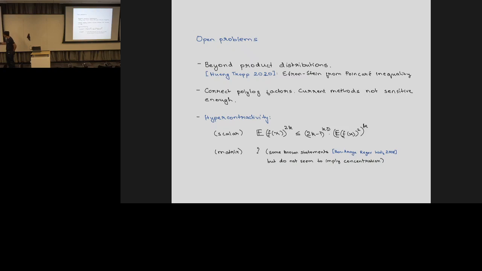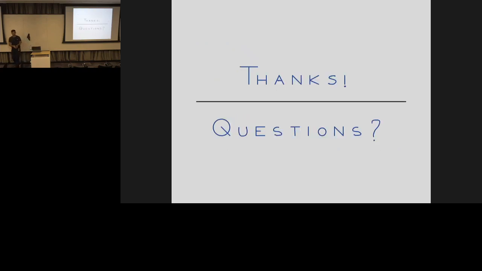And these versions do not seem to give this even when you try to use duality, etc. So I don't know of a matrix hypercontractivity inequality which actually gives concentration. This would be nice to figure out. And of course, if you can find more applications for this, I'd be happy. And I'll stop there.